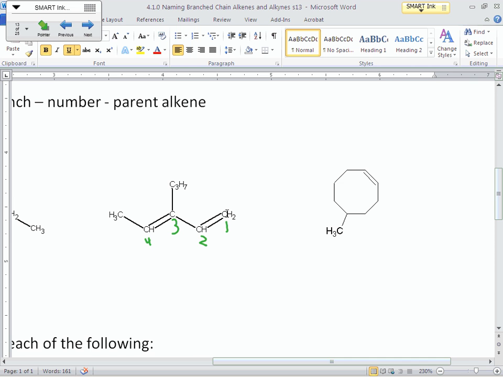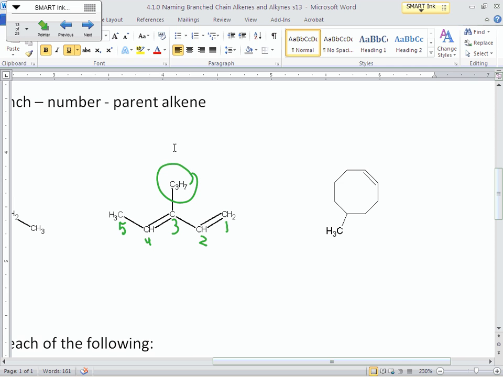You might think the longest chain is 1, 2, 3, and then I've got 3 more, 4, 5, 6. But I've got to have all the double bonds in my chain. So you might have thought 1, 2, 3, 4, 5, 6 is the longest chain, and it is, but I've got to have all the double bonds in my chain. So even though I only go to 5, I don't choose that because all double bonds have to be in the chain.